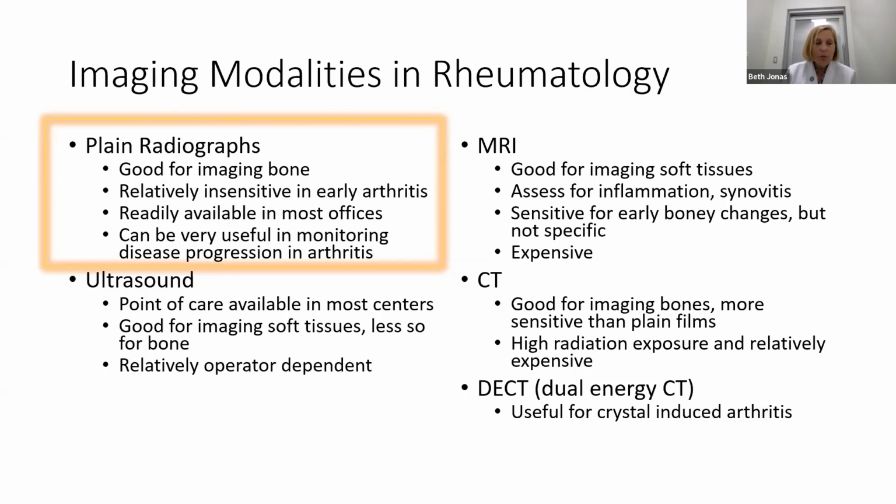It's very good for imaging bones, but relatively insensitive in early arthritis. So most patients who are going to come to you with very early disease are going to have normal radiographs. But the radiographs are really useful as a baseline test. It's available in most offices and can be very useful in monitoring disease progression in arthritis.